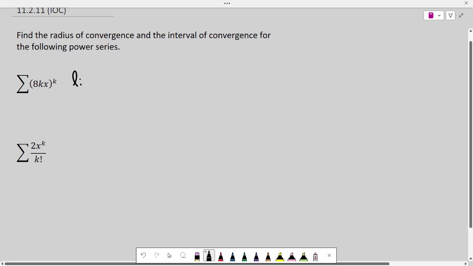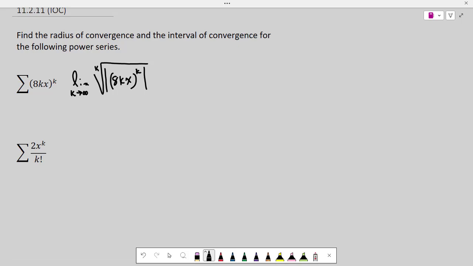So we're going to take the limit as k goes to infinity, the kth root of a sub k. And here, we definitely need the absolute values because there's an x.